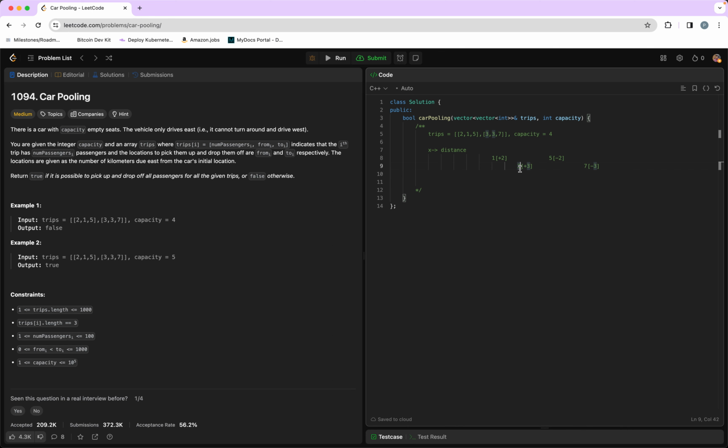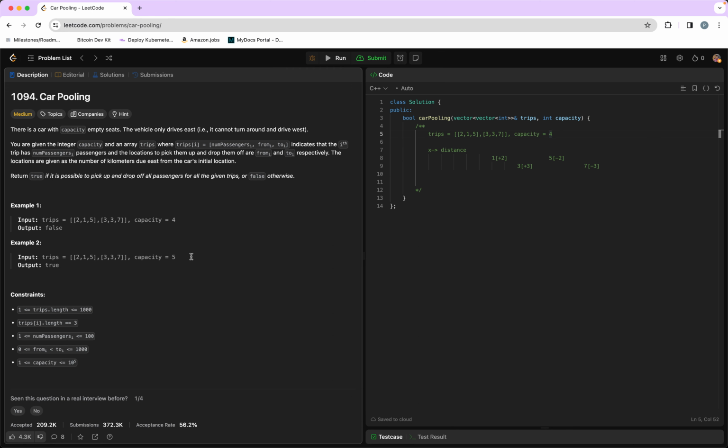So overall there would be 5 persons in between the journey between 3 and 5, but our car is having a maximum capacity of 4. So we cannot accommodate all the persons who are coming in, and hence we will be returning false in this case, right?